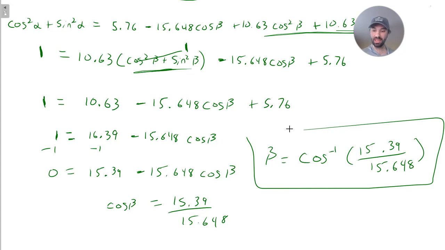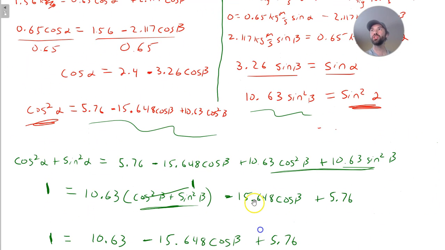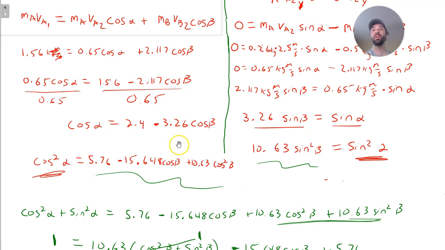I find that beta is equal to 10.4 degrees. Whoa, that was nuts. Now we have to go find out what alpha is. So we now know our angle beta. We have multiple equations that can help us find our angle alpha.